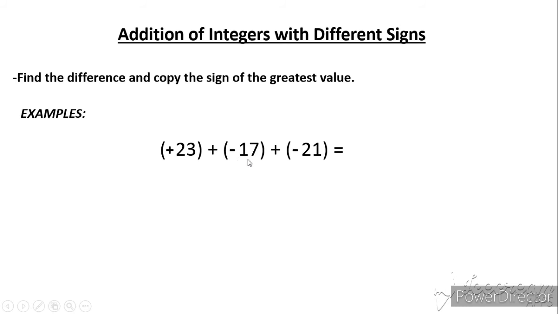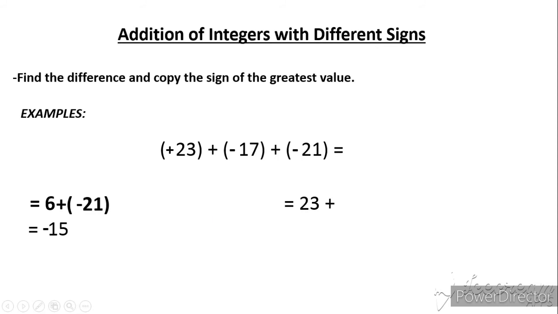So 23 minus 17, that is positive 6, and then copy plus negative 21. And then you have to proceed, 6 plus negative 21. You have to subtract because unlike sign, 6 is positive and 21 is negative, and the answer is 15, negative 15, because the sign of 21 is negative. 21 is greater than 6.